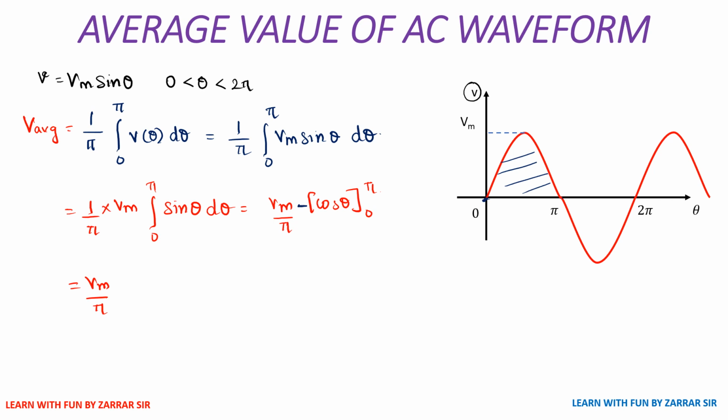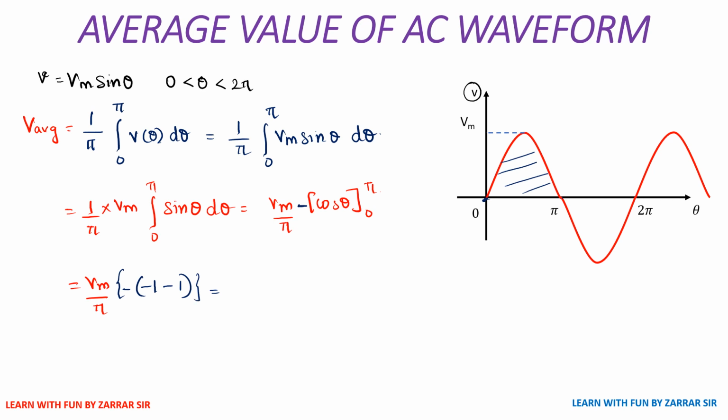The integration of sine theta is minus cos theta. Put minus aside and now substitute. Make use of brackets so that you don't make a subtraction error. So cos of pi is minus 1. Cos of 0 is 1. Upper limit minus lower limit: minus 1 minus 1 is minus 2. And with the minus outside, it turns out to be plus 2.